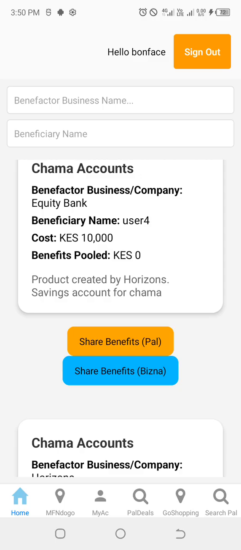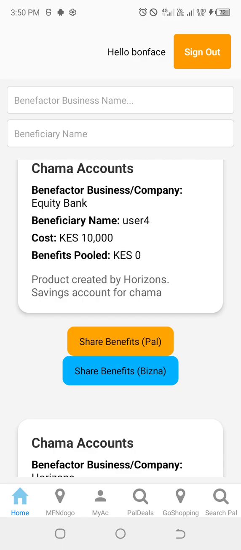Benefactor is equity. So it's equity that linked their beneficiaries, who happens to be a chama or a group, to a product created by Horizons.